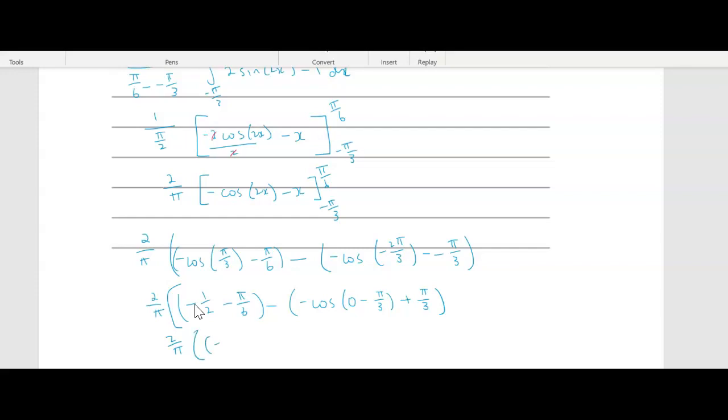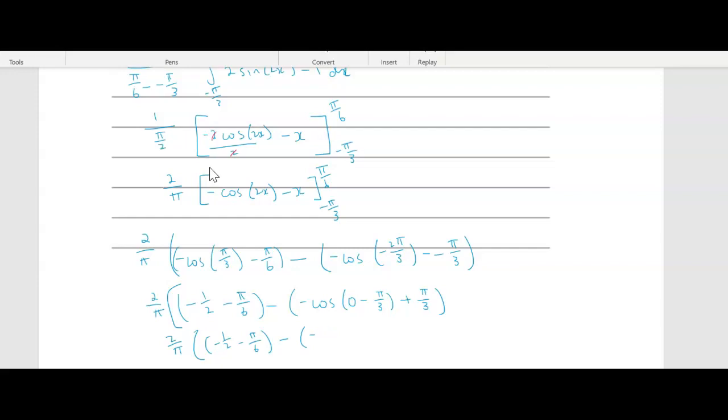I'm going to keep that first bracket as it is and hope that we can start cancelling some stuff out. All right, so cos pi on 3, we know is half, and negative, so we're going to be, cos is also going to be positive, so it's going to be negative pi on 3. No, not pi on 3, half.